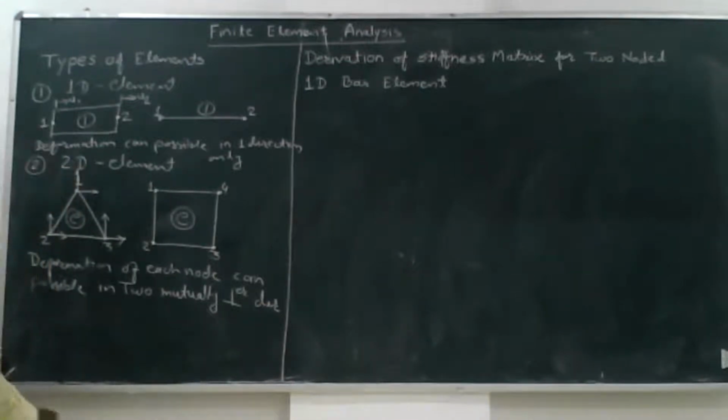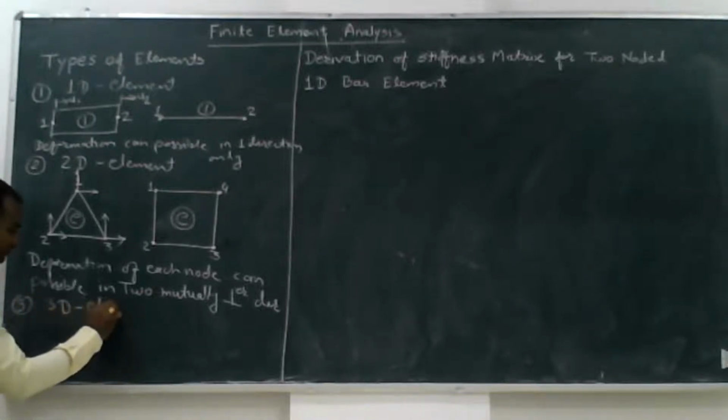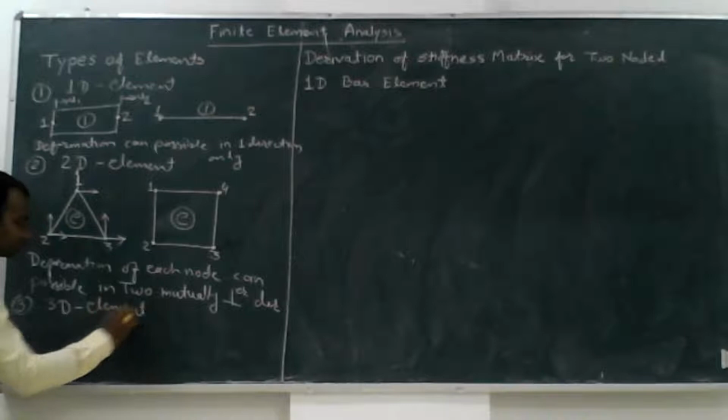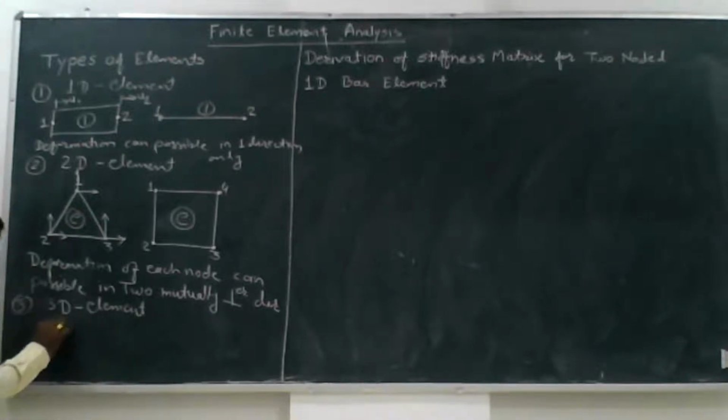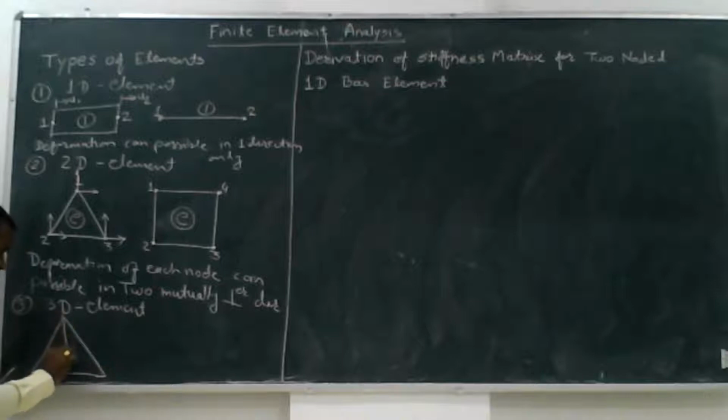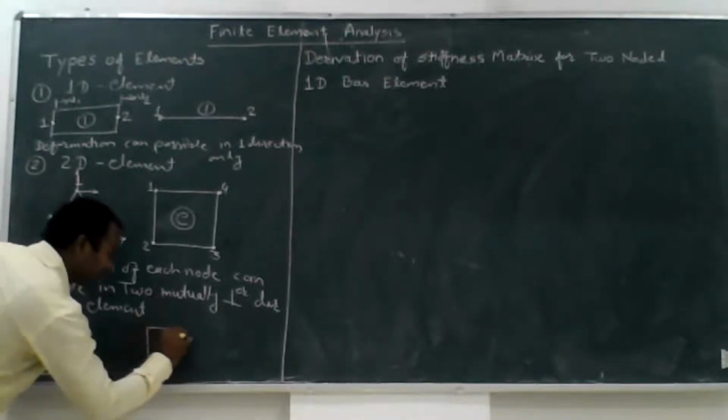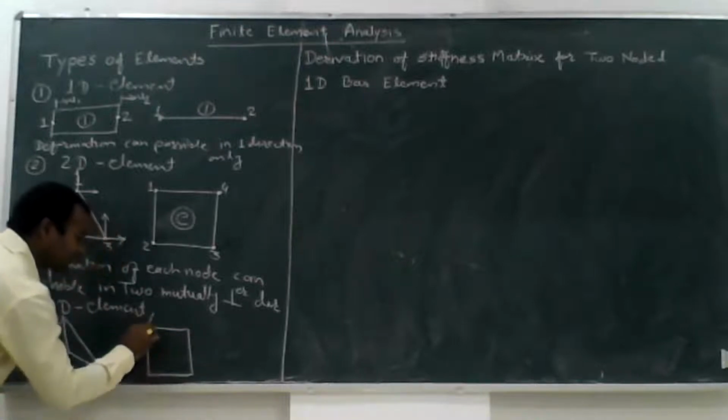The last one is the 3D element, the 3-dimensional element. Examples of the 3-dimensional element are the tetrahedral element or the hexahedral element, which we can call the brick element.